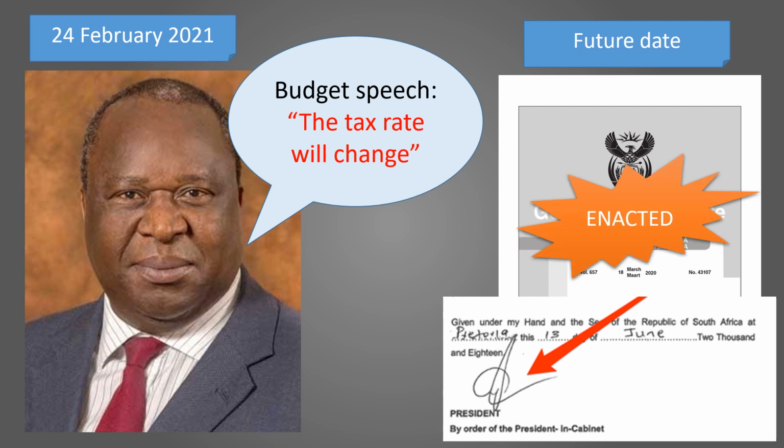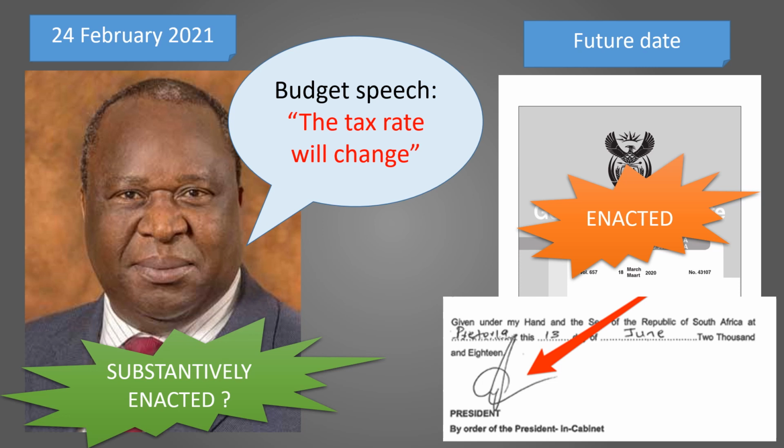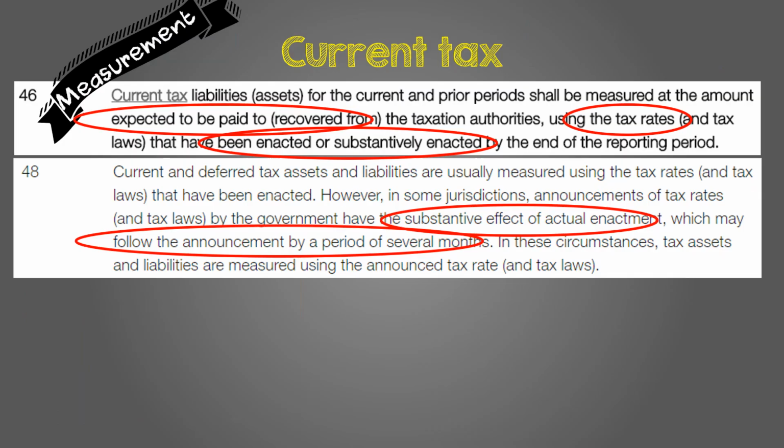So then on that date, it will be enacted. However, it might be that on the 24th of February, when the minister made the budget speech and announced the change in tax rate, it would have been as good as if it had already been enacted. So it might be that it has been substantively enacted.